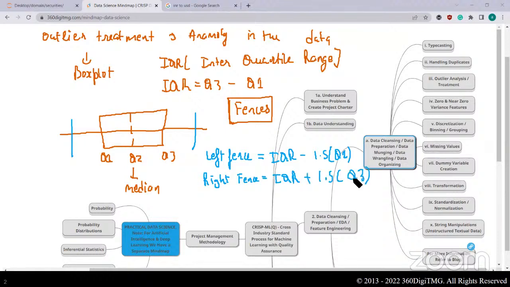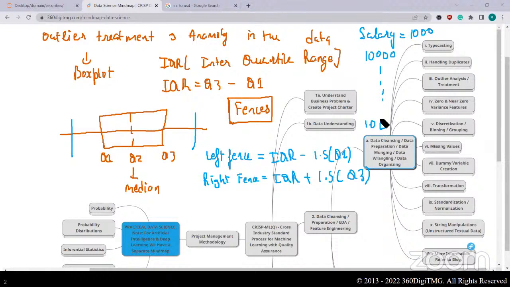So here, let's take an example of salaries. You have a salary data set for a company. You have about 1,000 entries. The lowest 5 salaries we have are 10,000, 5 times. And the highest salary we have is, let's say, 10 lakhs.